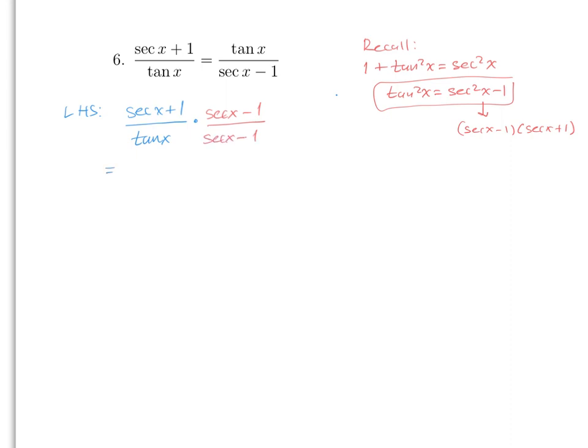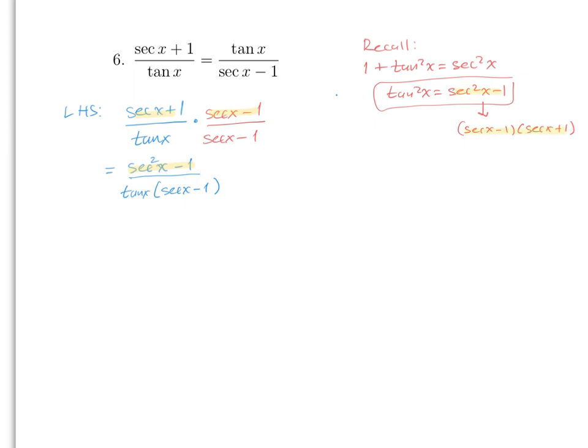On the top, you're going to have secant squared x minus 1. Why? Because this is equal to this. And on the bottom, you're going to have tangent x times secant x minus 1. Again, remember, if you multiply these two, it gives you this because of this.